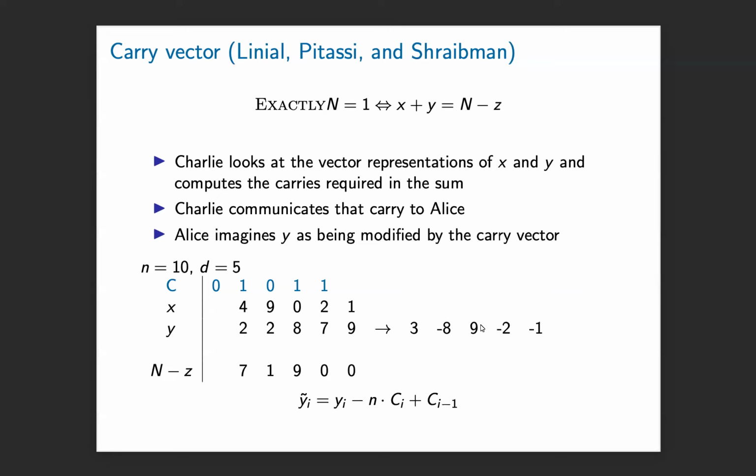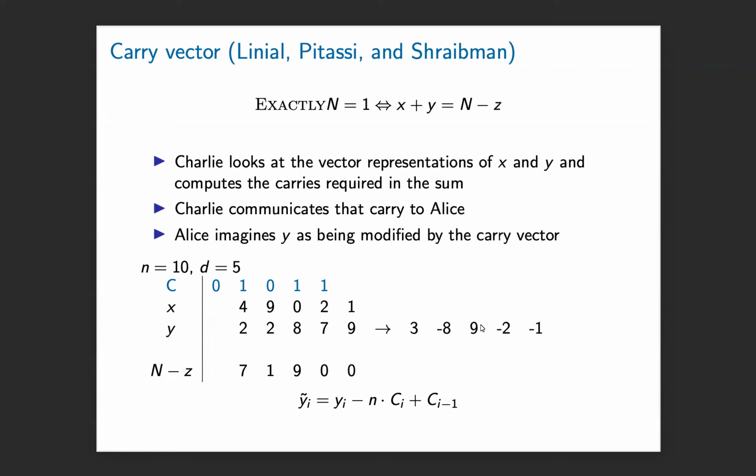But the idea here is that we're going to try to move the carry into the inputs themselves by subtracting out the carry. Now, instead of being numbers between 0 and n, they're between minus n and n, but that's okay. That just increases the complexity by a constant.